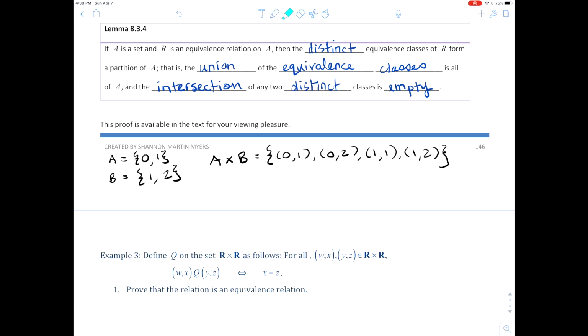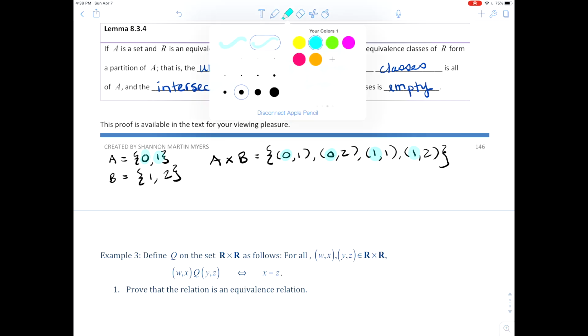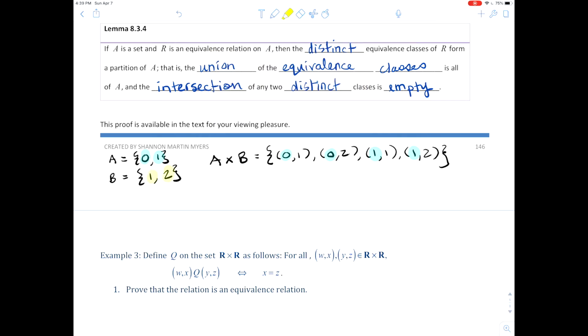The inputs all come from set A, and they're used for each of the outputs, which come from the set B, the second part of it. Cool? All right, so that's our basic Cartesian product. We'll use the official definition as part of our proof, I'm sure.